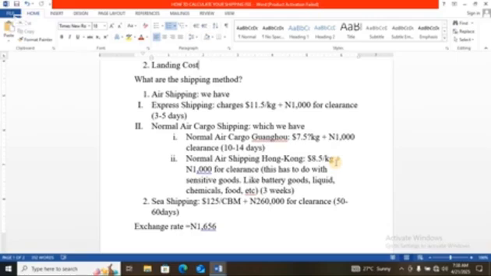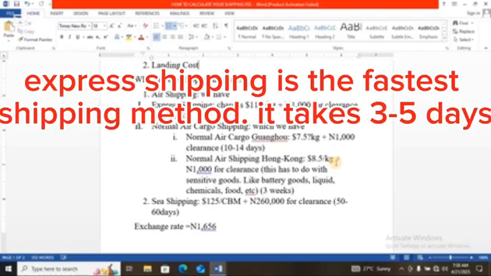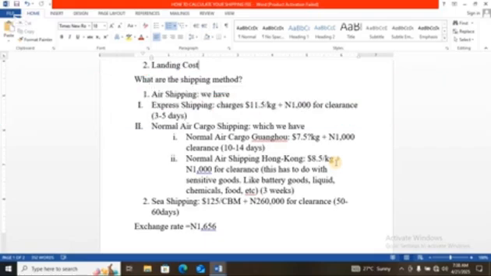It is the fastest shipping method that every shipping company makes use of. People use express shipping when they are shipping valuable goods that they want to use immediately. Let's say I am running Facebook ads and I let my clients know that when you place an order, within 7 days you are going to receive this product.